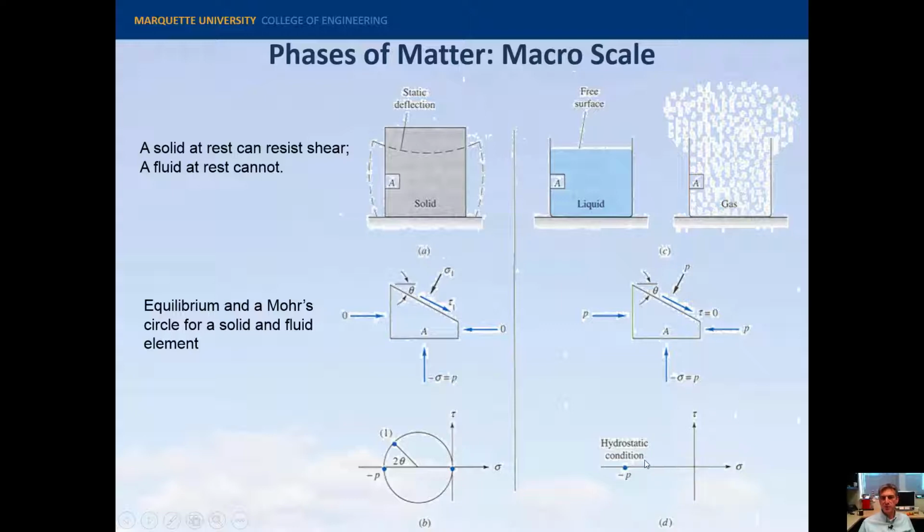It's just confined to the x-axis here. Shear will come into play within a fluid element if there's dynamic motion. But we'll get more into that when we talk about the derivation of the Navier-Stokes equations and the extension of Newton's ideas to a full generalized stress tensor.